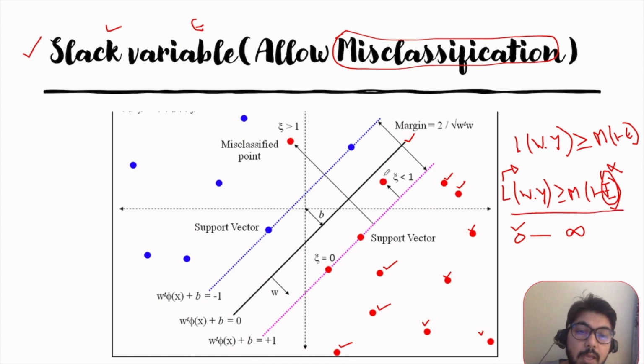But when a point has been correctly classified but the margin has not been maintained, then the margin is not greater than or equal to m, but is actually less than m. In this case epsilon is greater than 0 and less than 1.